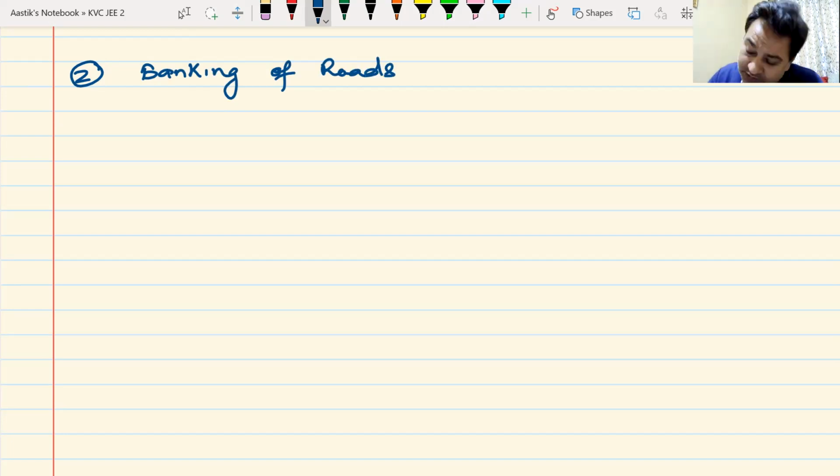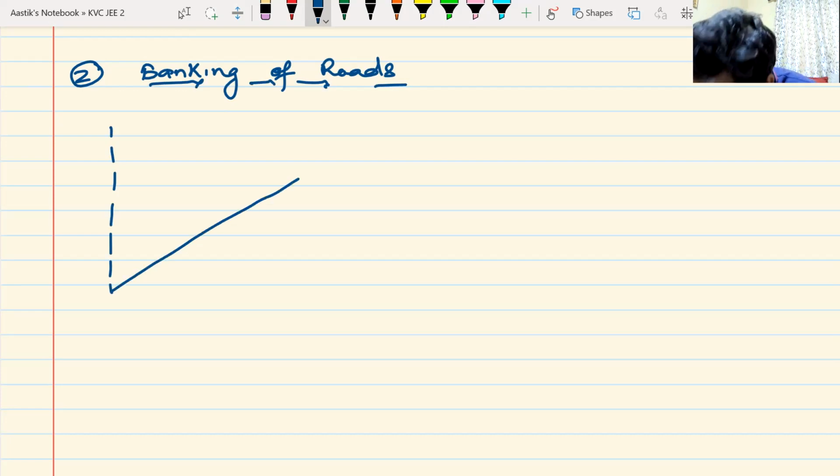So you have heard about it? What is banking of roads? Instead of the road being flat like this, I make it at a very small angle, and you might have seen this. Highways, all these car tracks are like this. They make it at an angle.